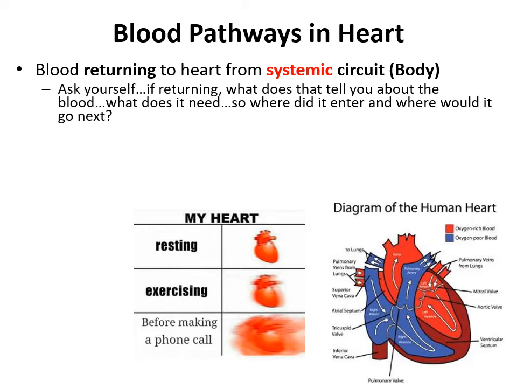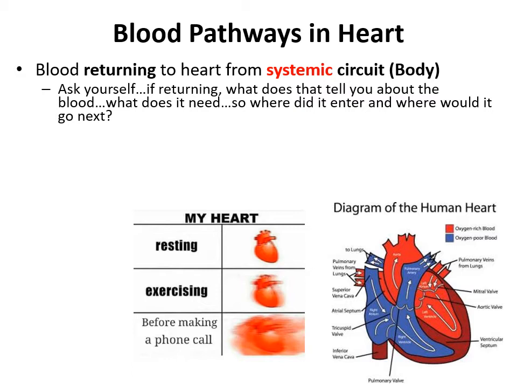So this blood has just finished giving oxygen to all of the organs in your body, all the way down to your tippy toes, and that means that it gave away its oxygen. So think about it. If it's returning and it gave away its oxygen, what's it going to want to do? It's going to want to pick up more oxygen, right? Where do you pick up oxygen in the body? You pick it up in the lungs, right?